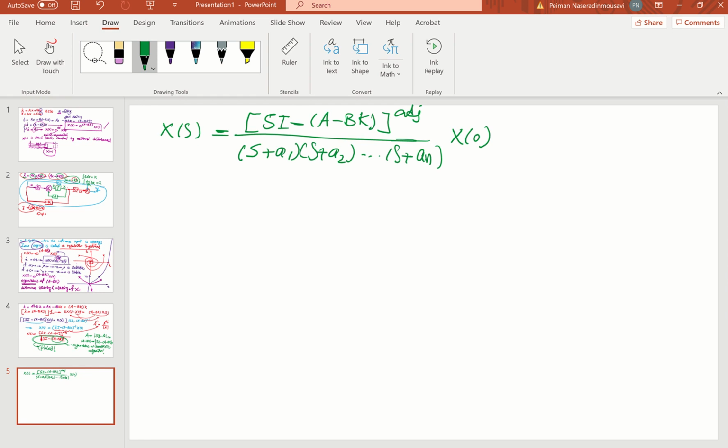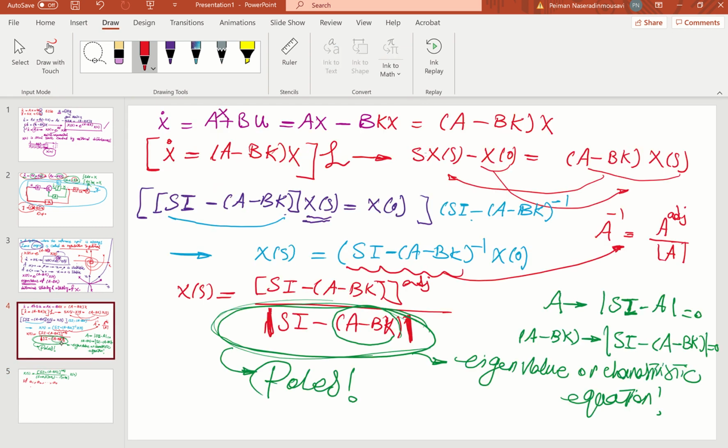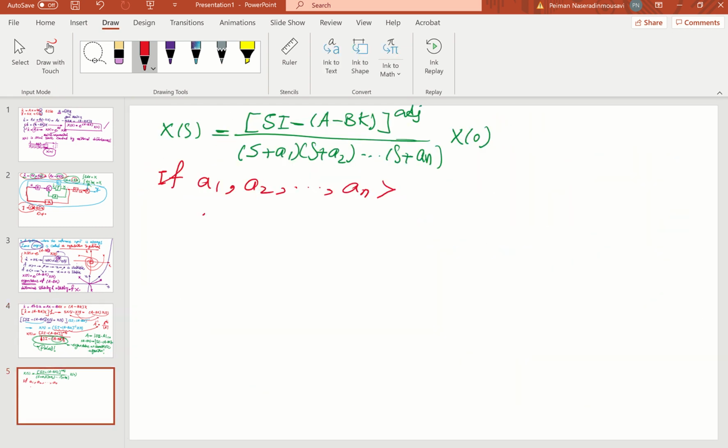Understand? Now if a1, a2 and an, which are the eigenvalues of this system, are greater than 0.